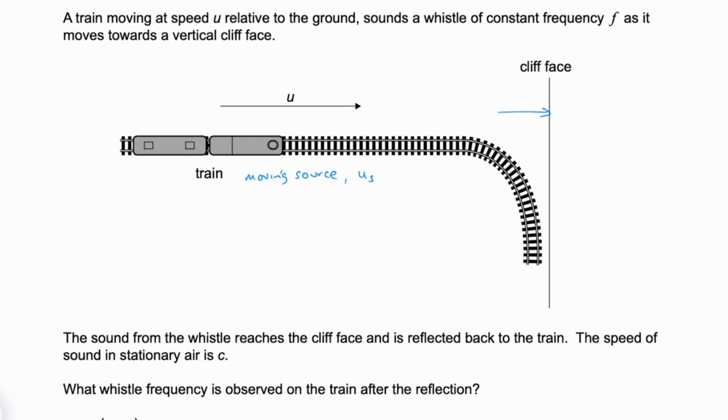It hits the cliff face and it reflects back, to which point we have, on the reflection, a moving observer, with a speed of u(o) in the opposite direction. And we want to find out what whistle frequency is observed on the train after the reflection.